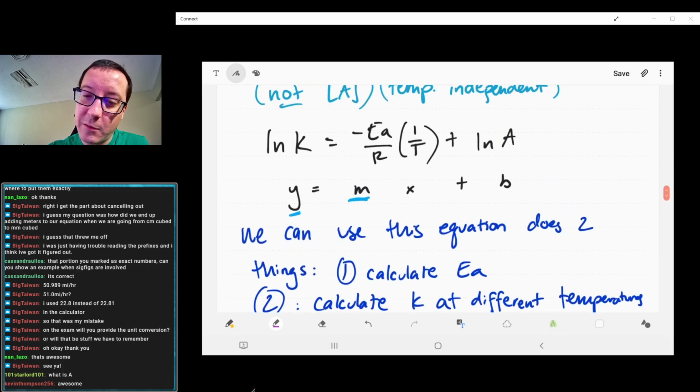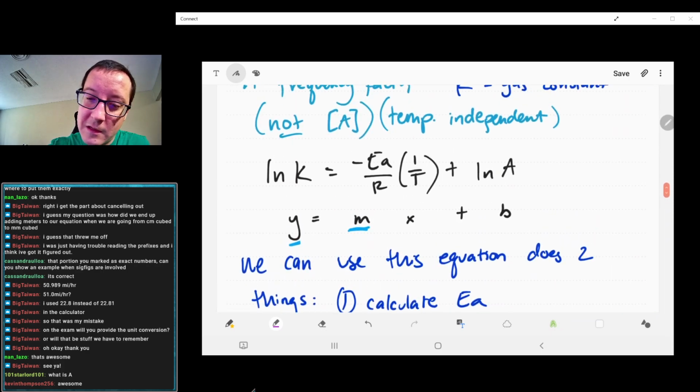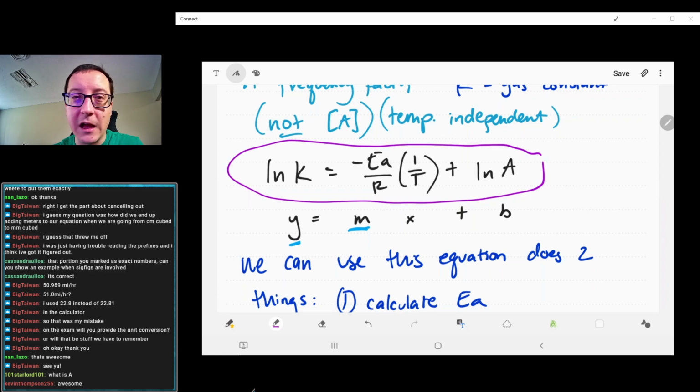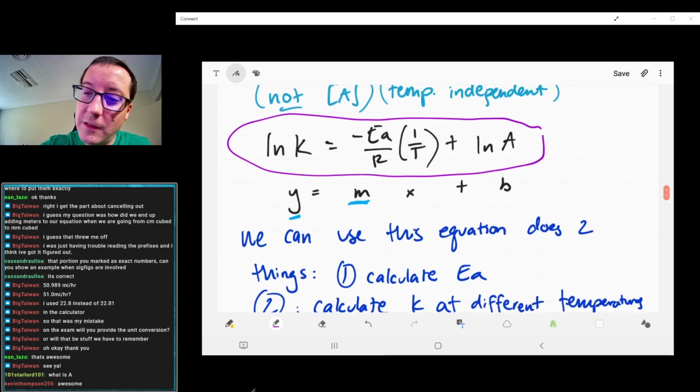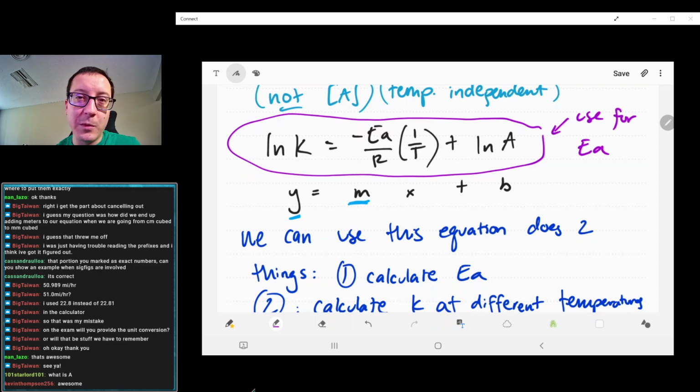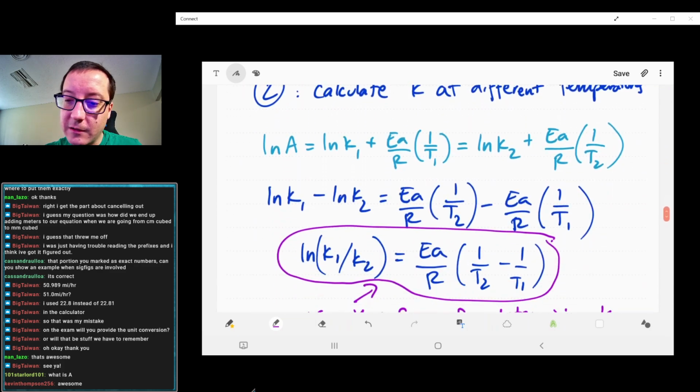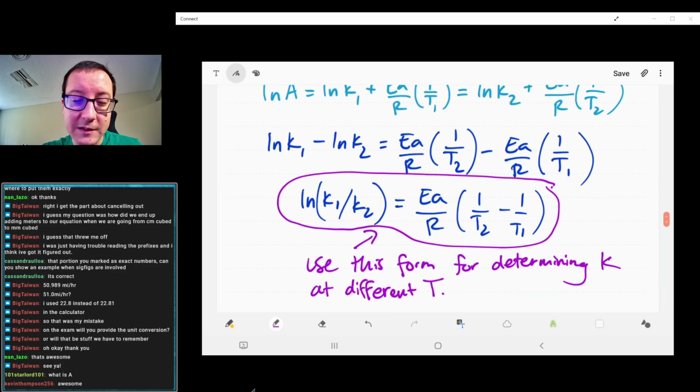And the other one, I would keep it as this one. If you want to just find EA, use this one. It'll be a little easier. We're going to do both of these in an example. But I would use this equation here for determining K at different temperatures. I would use that first equation for determining activation energy.